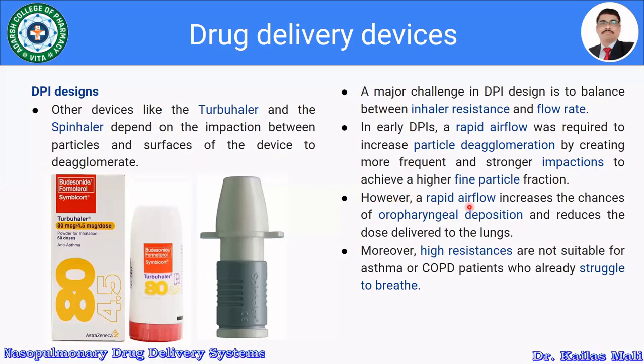However, rapid airflow increases the chances of oropharyngeal deposition and reduces the dose delivered to the lungs. Moreover, high resistance is not suitable for asthma or COPD patients who already struggle to breathe.